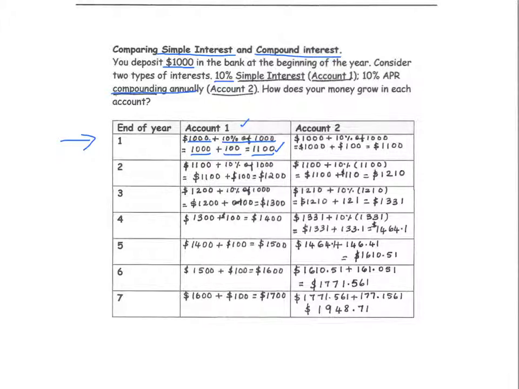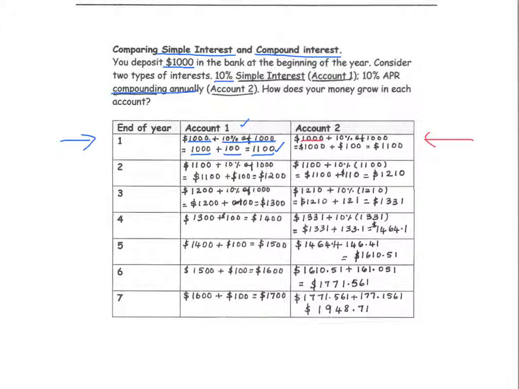Now suppose we look at the second type of account and how the exact same amount of money grows, based on a 10% compound interest of $1,000, assuming that money is compounded yearly. We start off with $1,000 just like before.